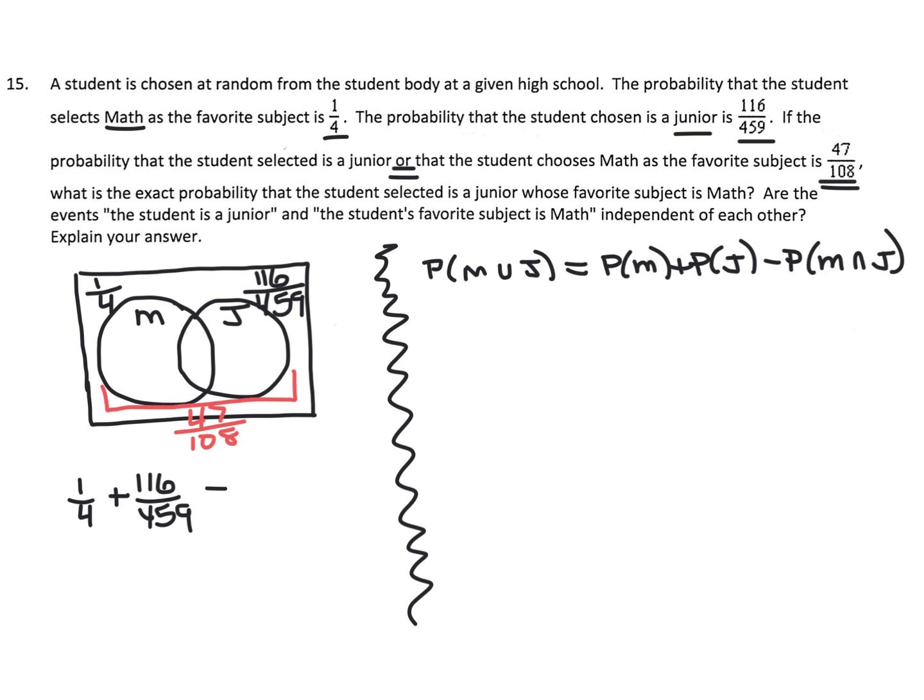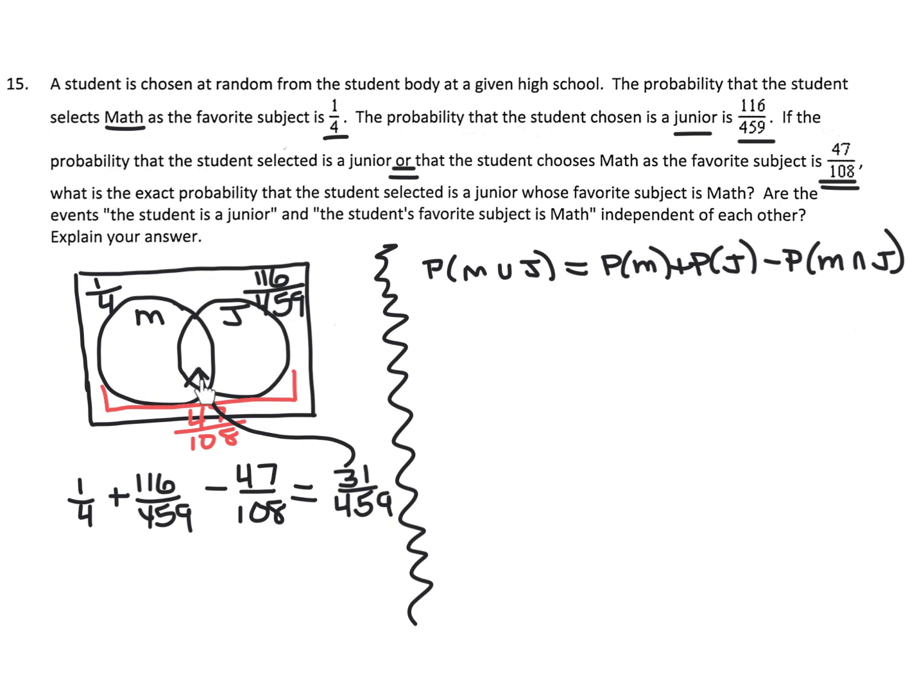So if we subtract 47 over 108 from that, that'll tell us what number goes here, right? What's the probability of math and junior? Okay, so if you figure out what this is all equal to, you wind up getting 31 over 459. So that is the value that was accounted for twice.